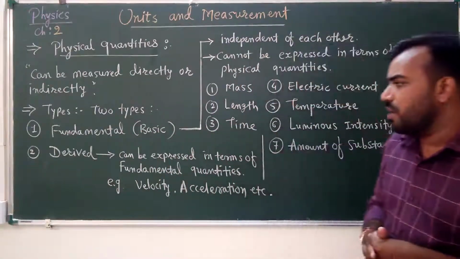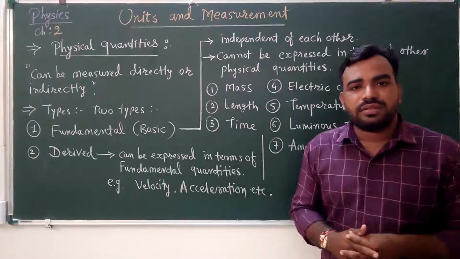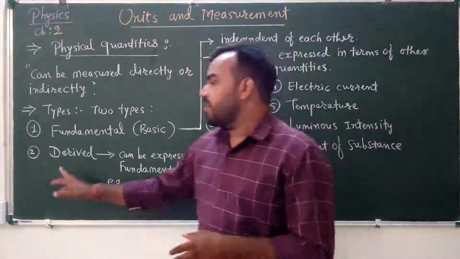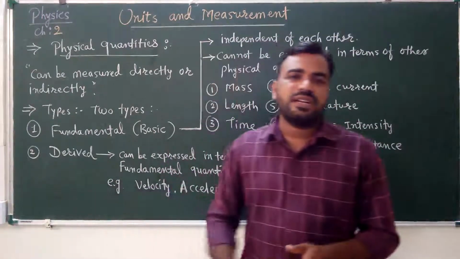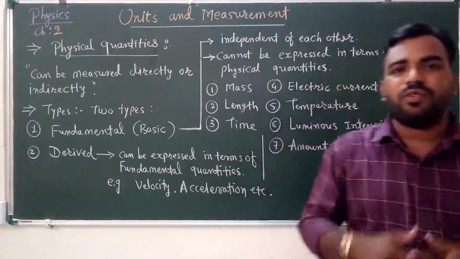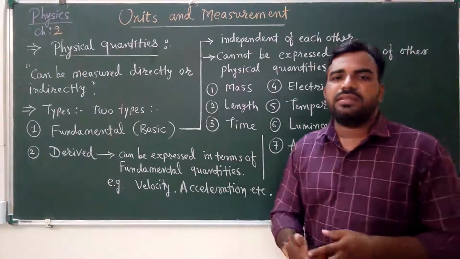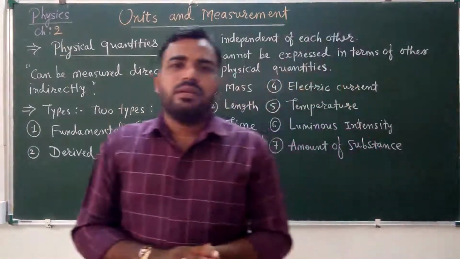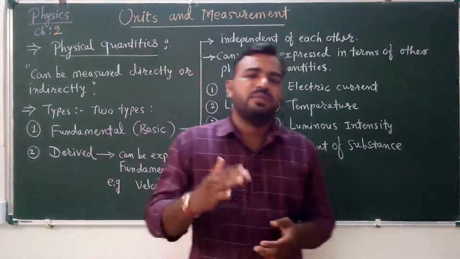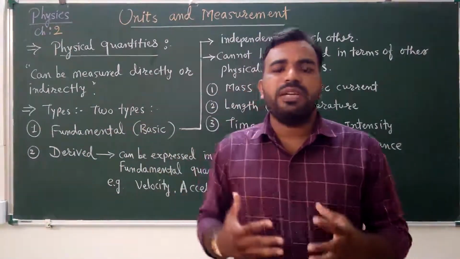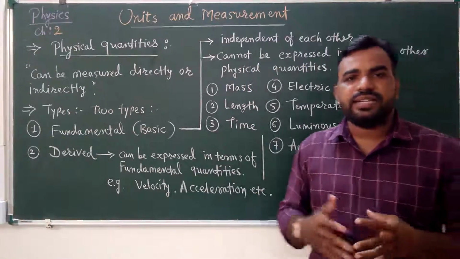Okay. Now let's talk about the second type, that is derived physical quantities. Now what is the meaning of derived? Derived means it can be expressed in terms of other combinations of physical quantities.